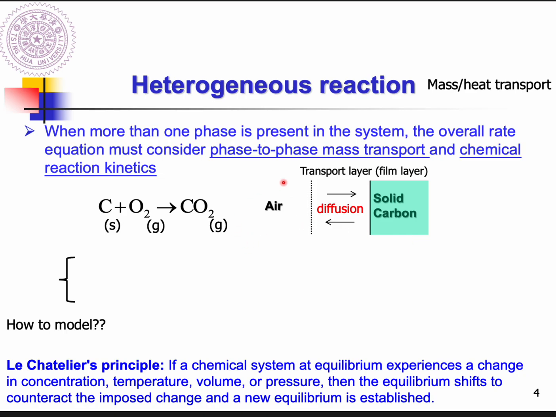We have air here, and this is the solid carbon. In between, I will call it a transport layer or thin layer. The oxygen is in the air, right? Oxygen needs to diffuse through this thin layer, then it can arrive at the surface of the solid carbon.